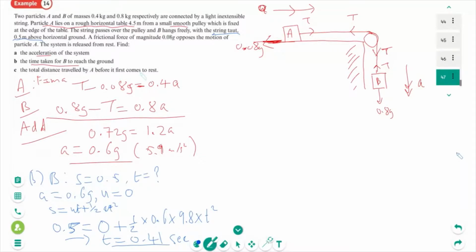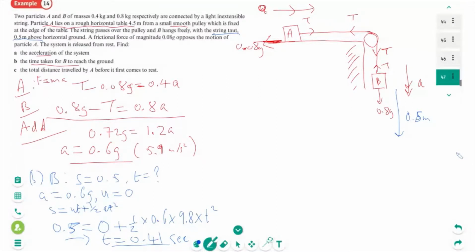When they're connected, when particle B hits the floor, particle B will have traveled 0.5 meters to hit the ground. That means particle A will also move 0.5 meters, as long as the particles are connected.